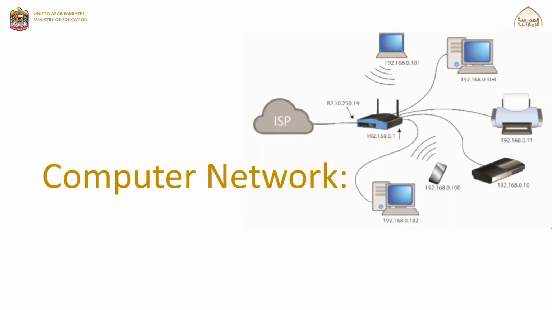Now let's move ahead and see a computer network. Because you already know what is a network, you can easily define what is a computer network. We already know that the network is interconnected things. So the computer network is the group of computers connected to each other.